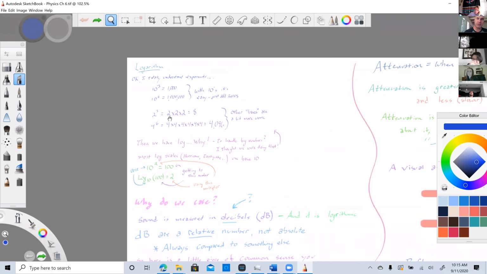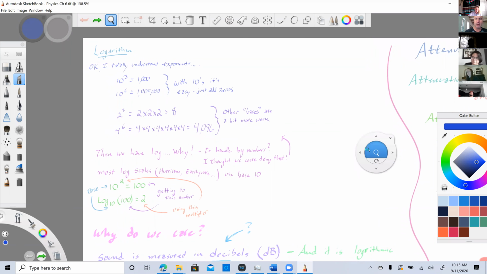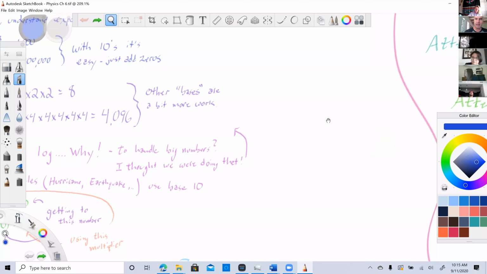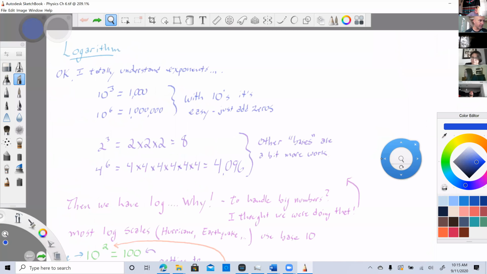So this chapter starts off on a subject I've already mentioned. I really don't like logarithm, and I realized when I was preparing for this, one of the reasons I get confused by logarithm is that what they show in the book is only one narrow type of logarithm.